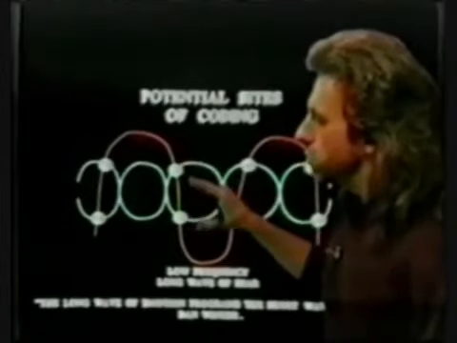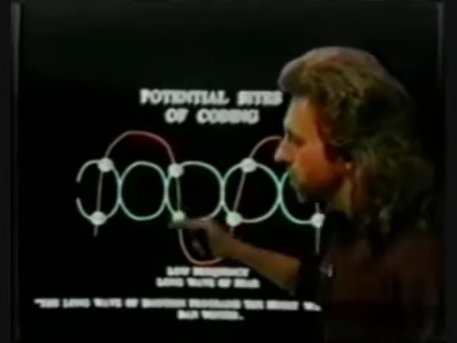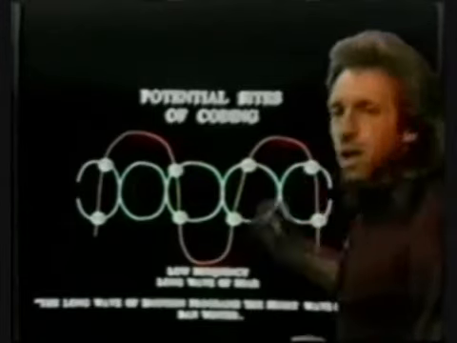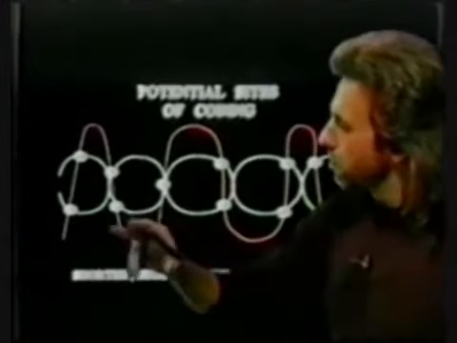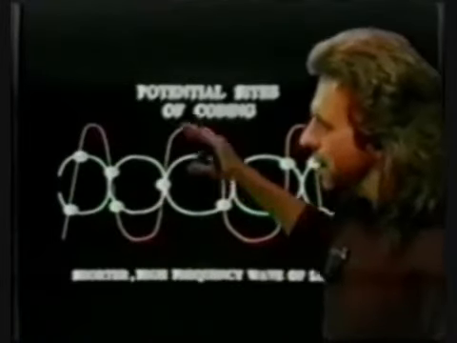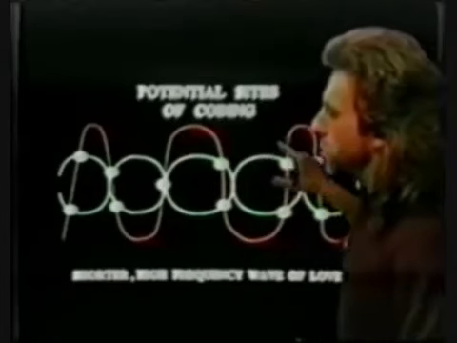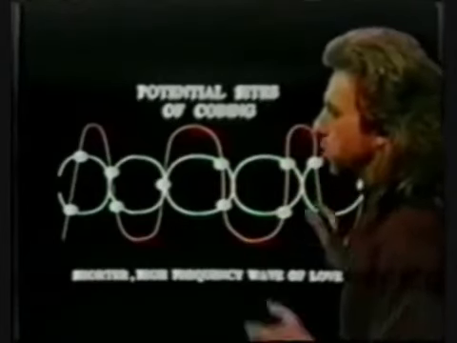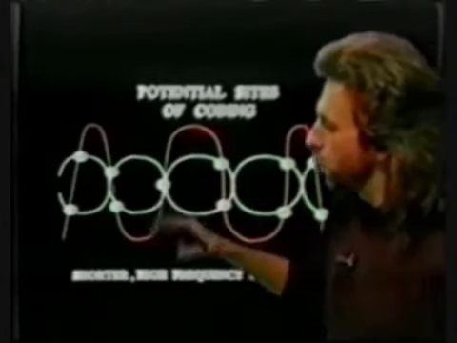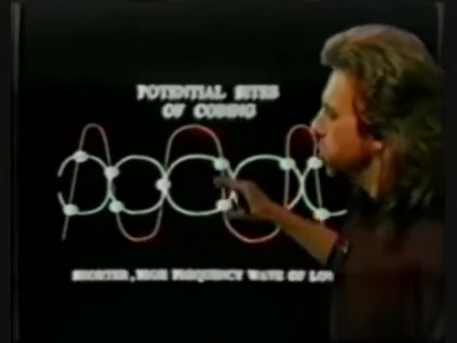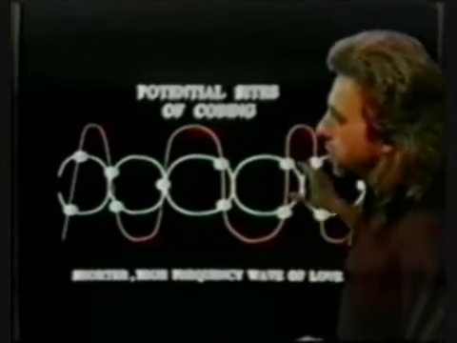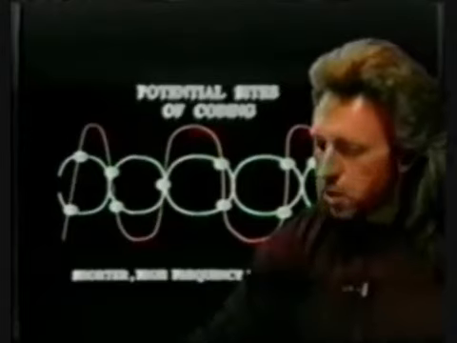So an individual living in fear is limited in the number of antennae they have available to them. Whereas an individual living in the pattern of love, this is love in DNA, you can see it's a higher frequency, shorter wavelength. We have many more potential sites for coding along that genetic pattern.